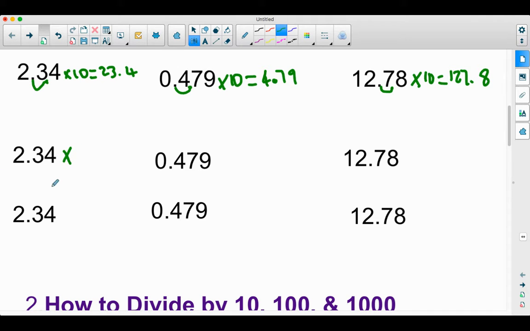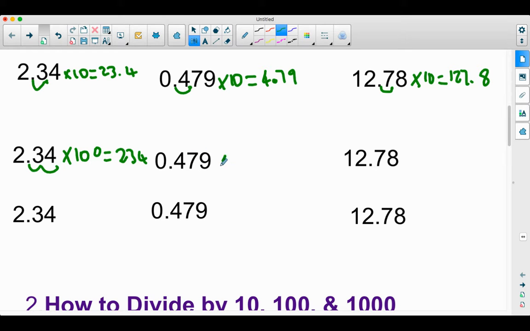So 2.34 times 100 is 234. We move the decimal point 1 and 2 places to the right.